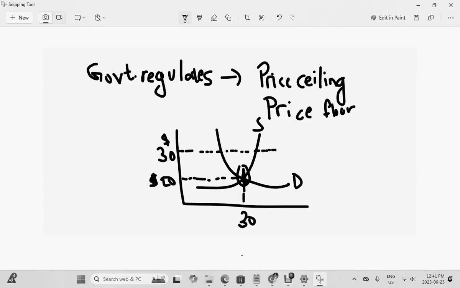Now, if for some reason the supplier decided to change his or her price, in that case he won't be able to go over this price ceiling, because this is your maximum price. However, let's say the consumers had a change in taste or preferences, or the consumer demographics change.